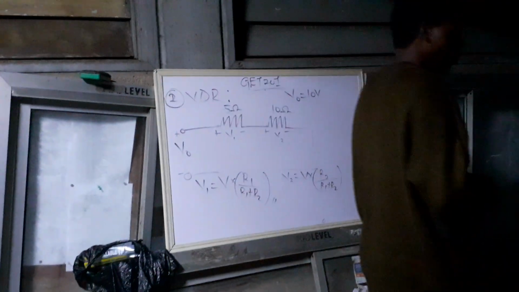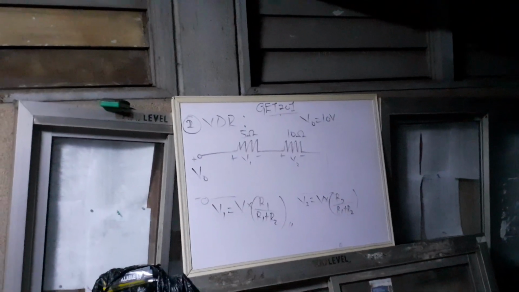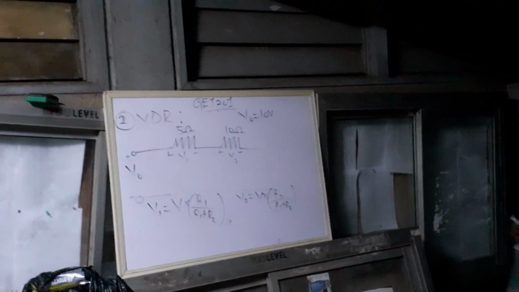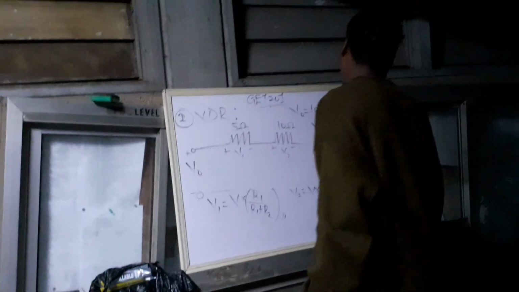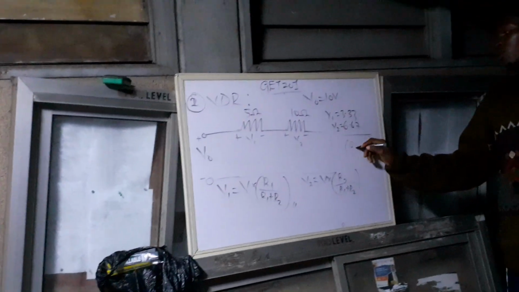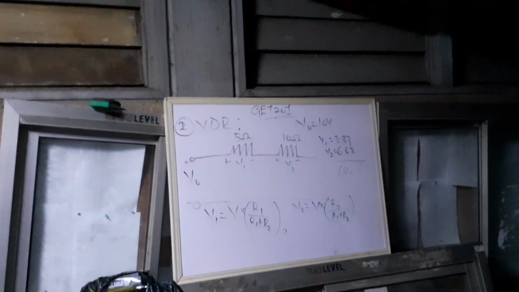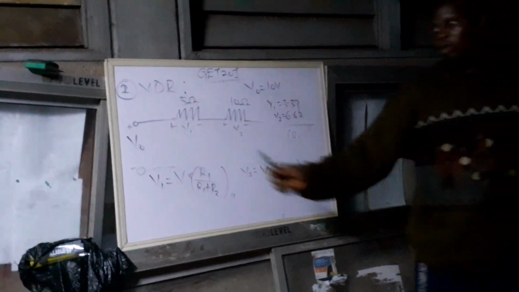So what will be V1 and V2? That's 10 times 5 over 15, that's 1 over 3, that's 10 over 3, that's 3.33. Since they are just two resistors, subtract this one from the other one and you get your V2.